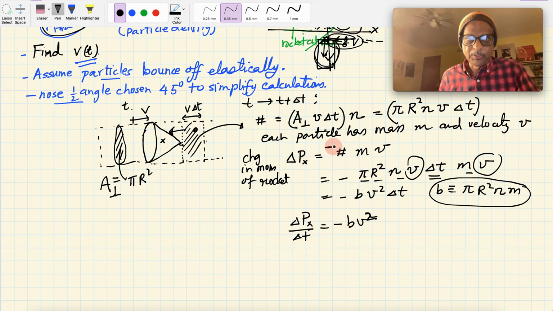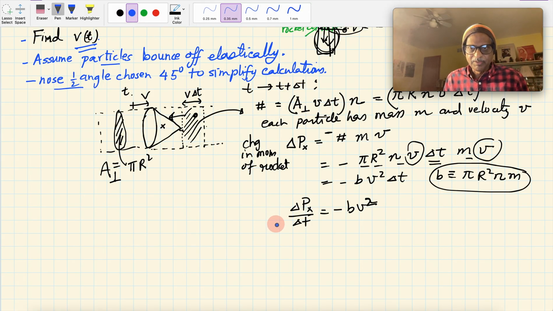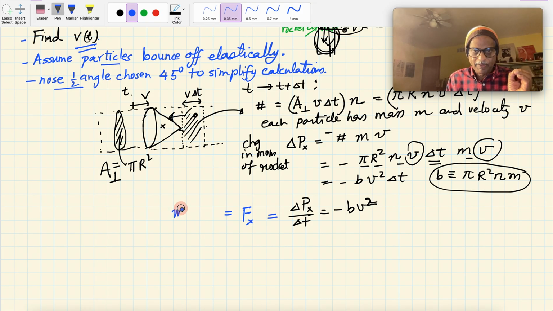This should be the force applied by the hitting particles, so it equals f x, which equals m a x.